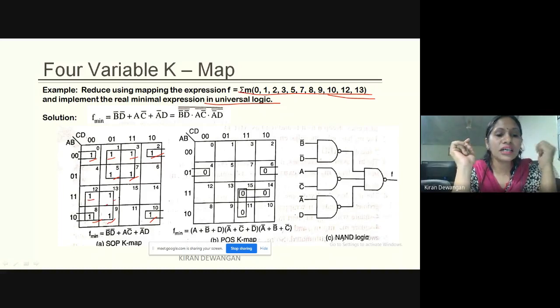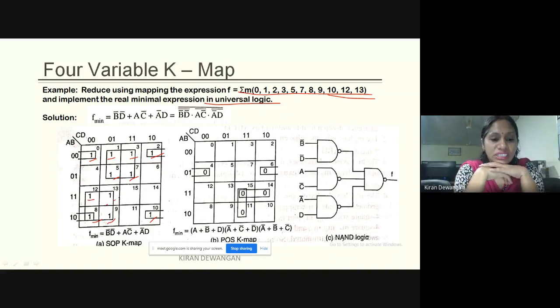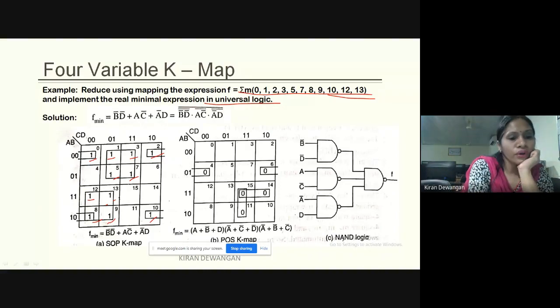So these are the min terms present in it. So this is how the mapping has been done, and this is how the quad or the pair formation has been done. Now we can see one quad. This is our first quad. This is my second quad. And what else do we have? Yes, what else do we have?